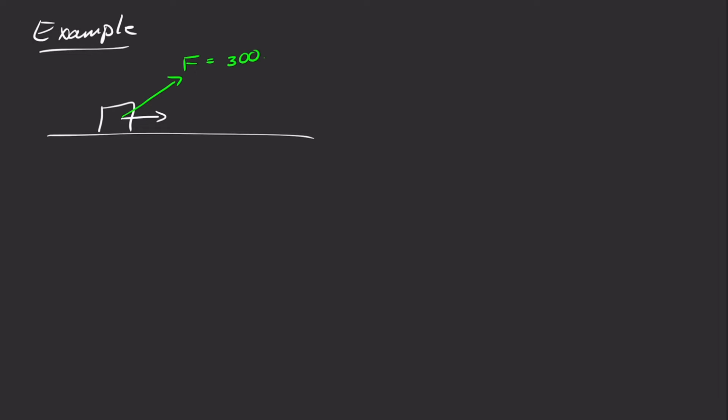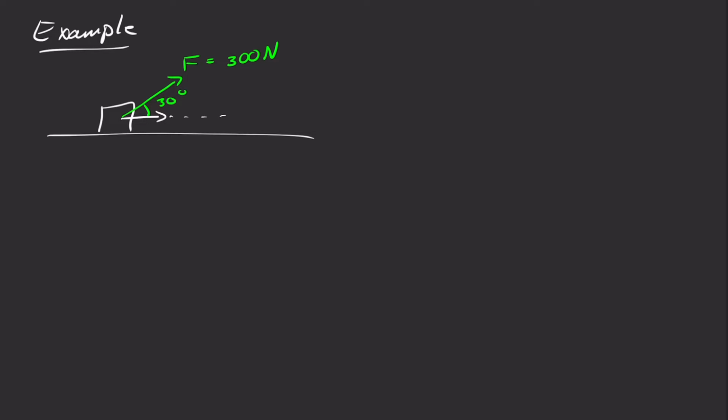Let's look at a quick example problem to get an idea. So we have some object, and it's going to be moving to the right, but it's going to be moving because of some force that's at an angle. So we have a 300 Newton force, and it's going to make an angle of 30 degrees with the horizontal. So this is kind of like you're pulling a suitcase at some angle, but it's only moving horizontally across the floor, even though you're pulling at some angle.